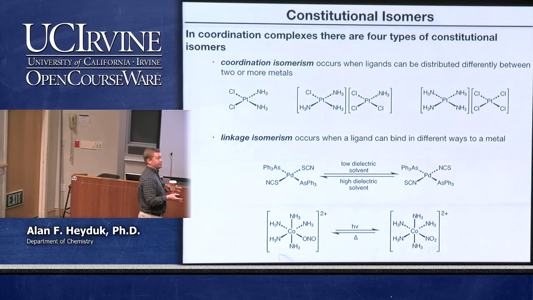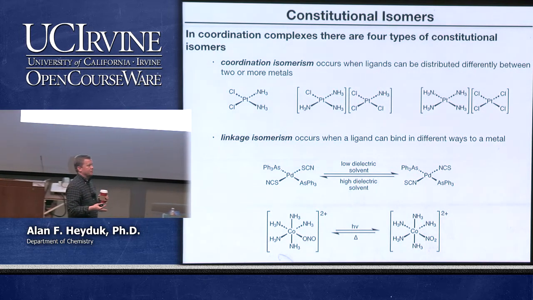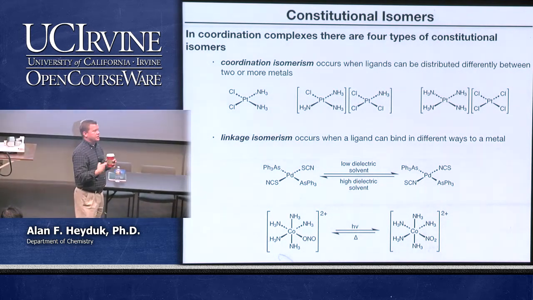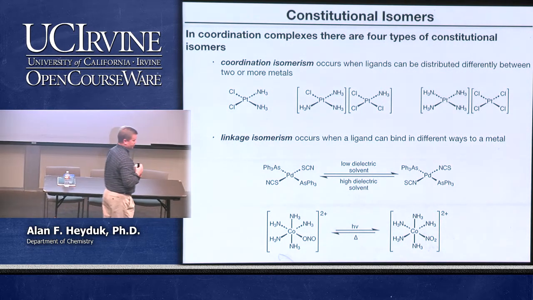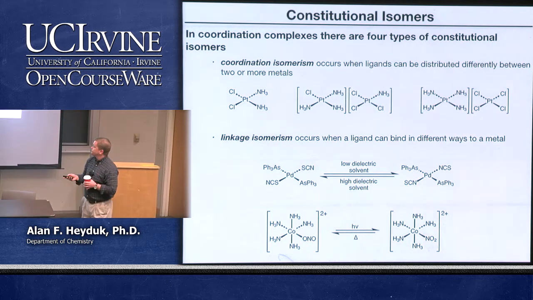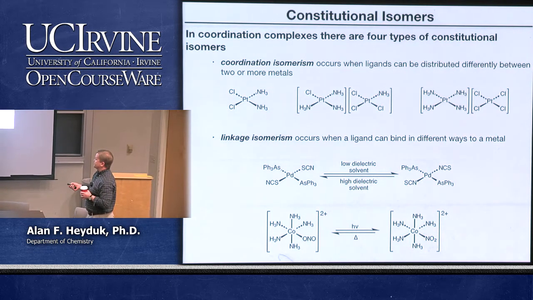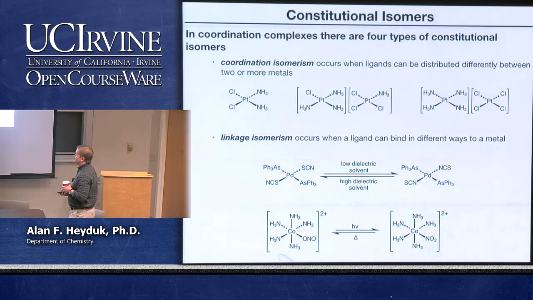Basically what happens is you get trapped in a local energy minimum. The compound is stable, but if you heat it up, you can give it enough thermal energy and drive it back to the ground state, which is the oxygen-bound version of the ligand. So basically this is a photoisomerization of the NO2 ligand.